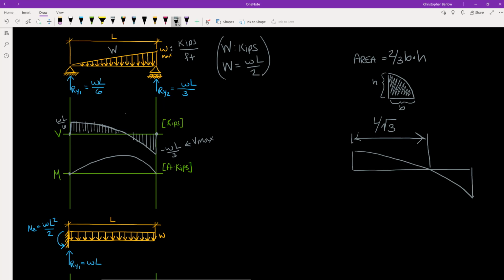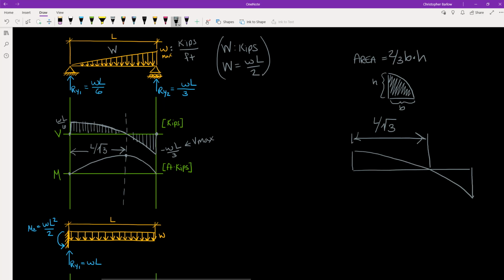Instead, we'll just look at what our maximum moment is here. And note that this maximum moment is no longer occurring at midspan, but some other distance. And that distance is going to be L over the root of 3.